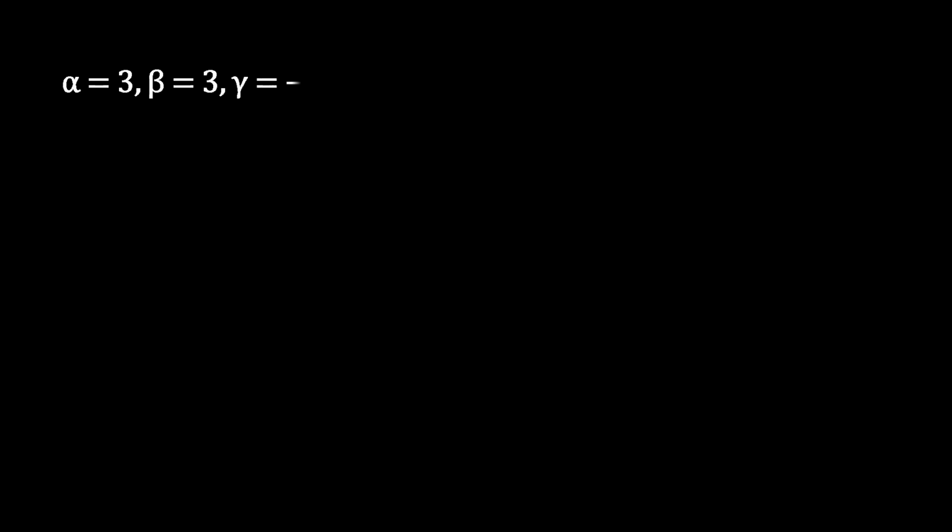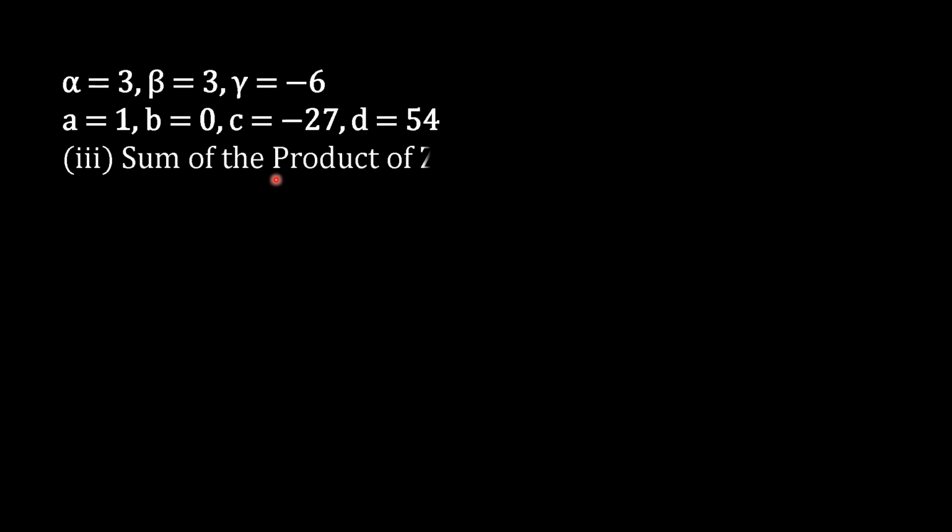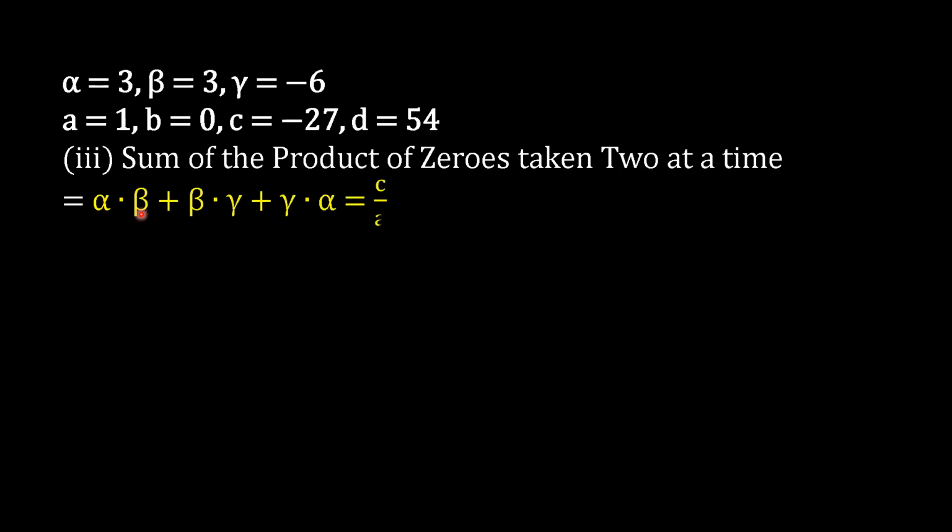The values of alpha, beta, gamma and the coefficients a, b, c, and d have been provided once again for ready reference. The third relationship is the sum of the product of zeros taken 2 at a time, which means alpha beta plus beta gamma plus gamma alpha equals c upon a.